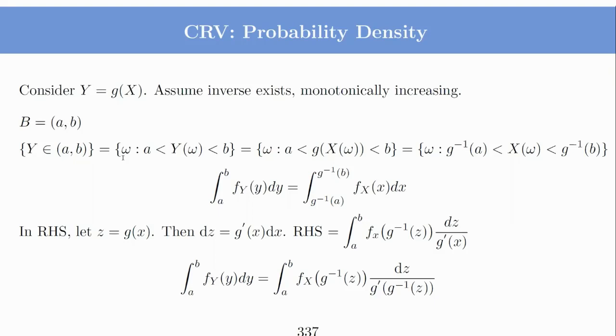Then the event that Y belongs to (a, b) is the set of all outcomes omega such that Y(omega) is between a and b, written equivalently as omega such that g(X(omega)) is between a and b. Since g is a monotonically increasing function, we can say that this is the same as saying that X is between g inverse of a and g inverse of b.